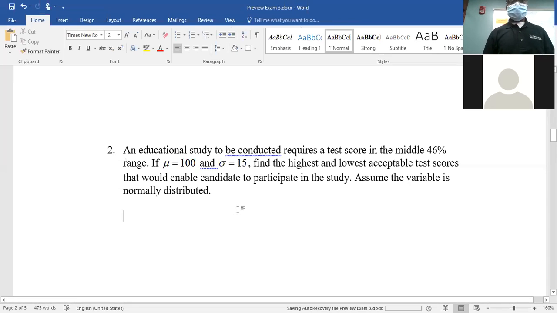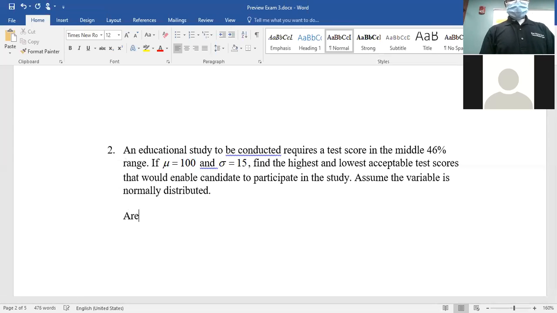So the area at the middle is 0.46. So the area at the tails is 0.27.